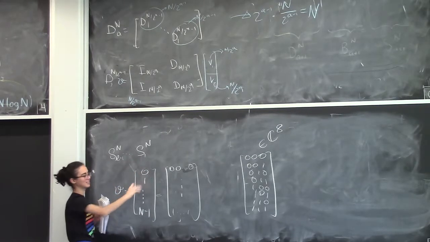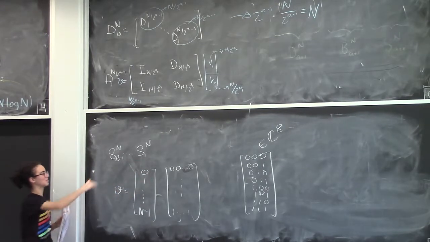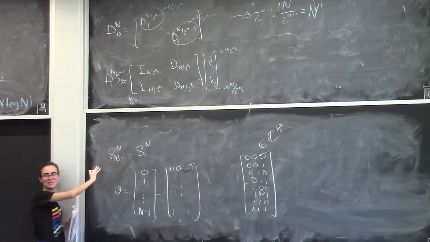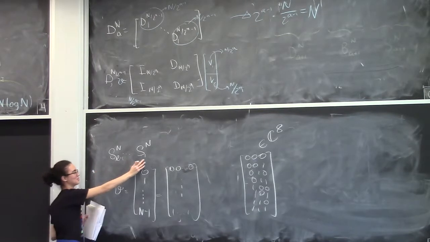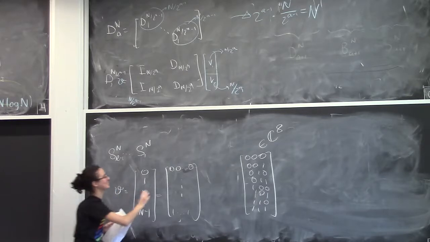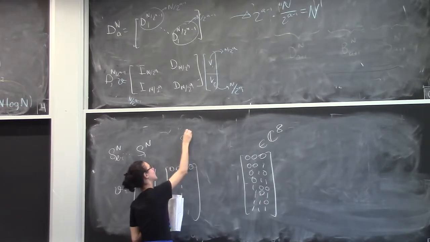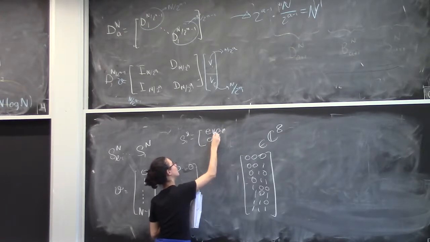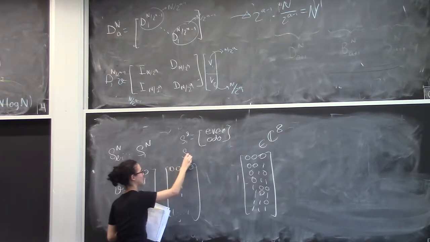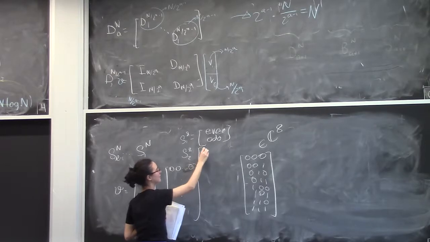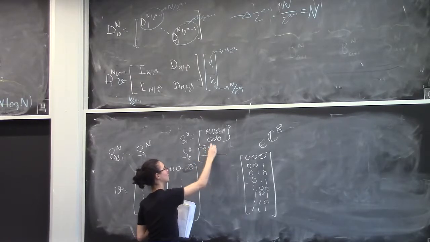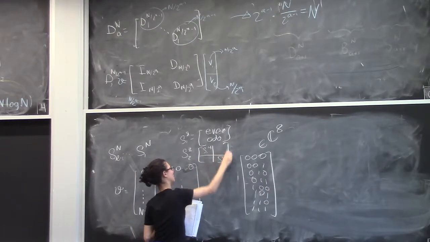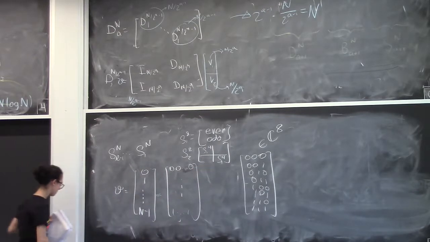In this case, 8 is 2 to the 3. So how many of these matrices are we going to use? From S1 to S2. S18 is just the even odd matrix. But S28, it looks like S14 and S14. So it is a block matrix again.